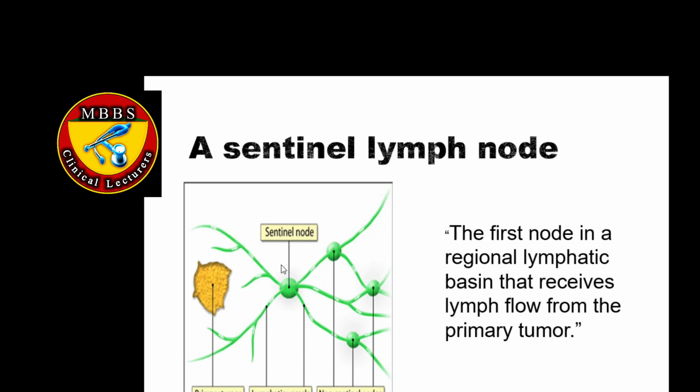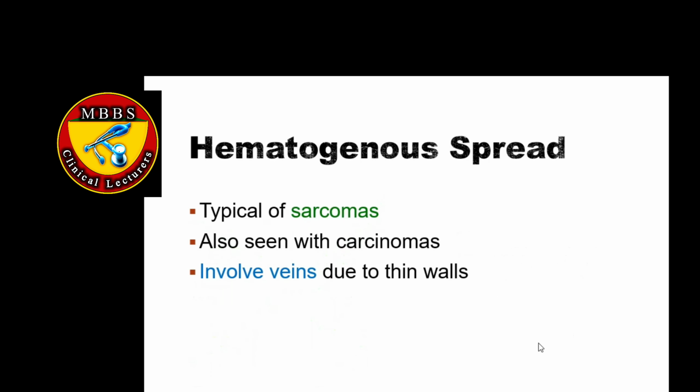So this is the first node in the whole pathway, and this is known as the sentinel node. So these are the lymphatic vessels, these are the lymph nodes, and the first node that receives the drainage of the primary tumor site is the sentinel lymph node. The first node in the regional lymphatic basin that receives lymph flow from the primary tumor is called the sentinel lymph node. Now, what is hematogenous spread?